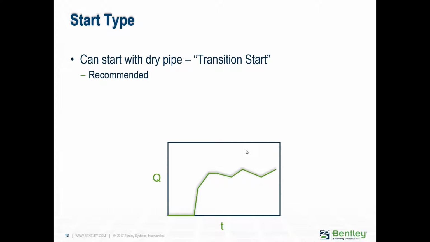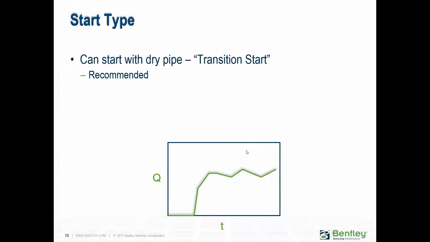When you start a simulation, your pipes start with zero flow. We can modify that a little bit so that it's not a drastic change. When you become used to running these simulations, you'll be very familiar with something called discontinuity or continuity error when you run these solvers in SewerGEMS.